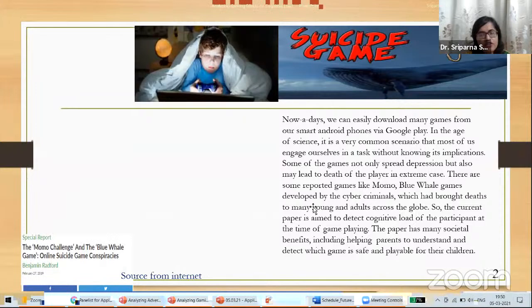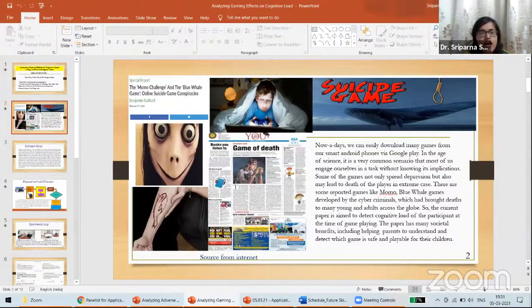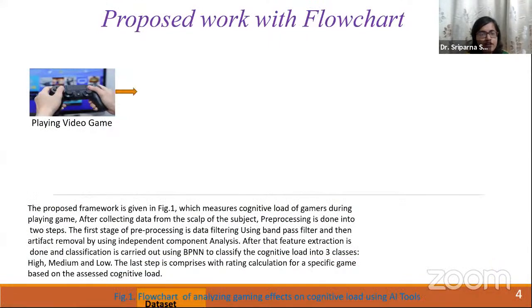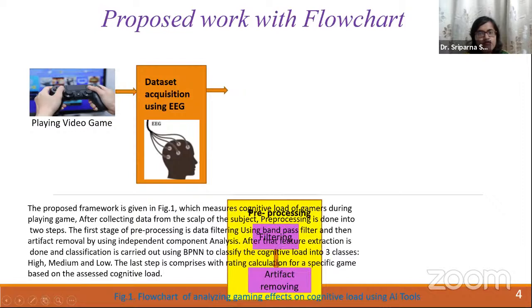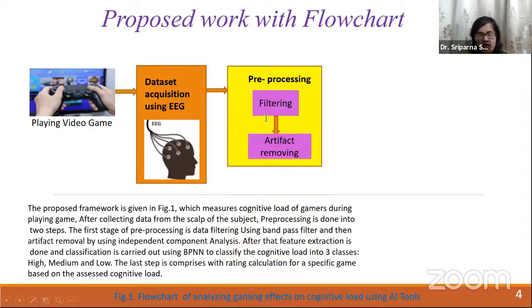Again, for this work, we have taken one particular dataset and processed it using filtering and artifact removal. EEG is a time series data, and for any time series data we can apply the filtering process, and artifacts also need to be removed from that data.